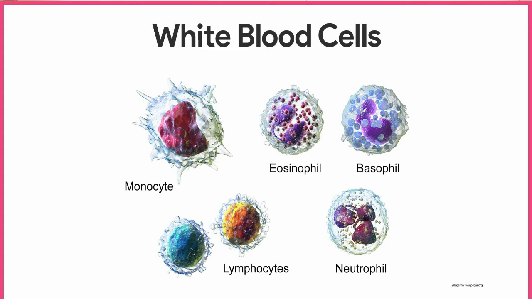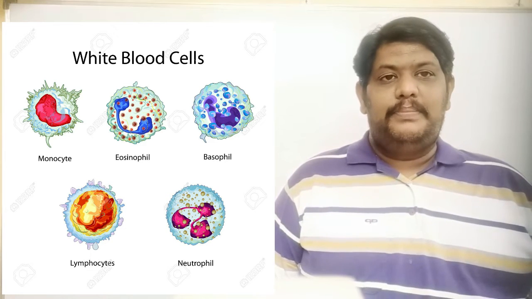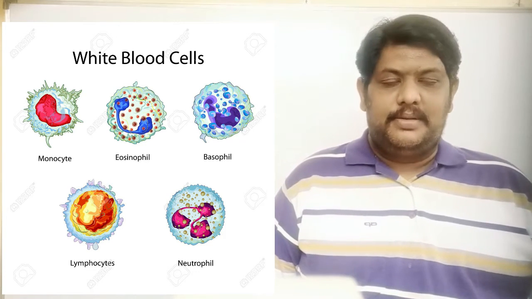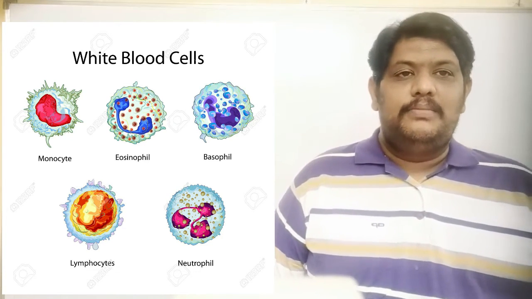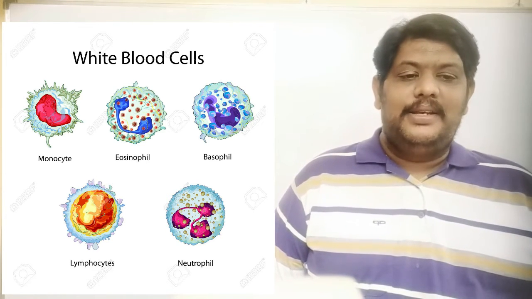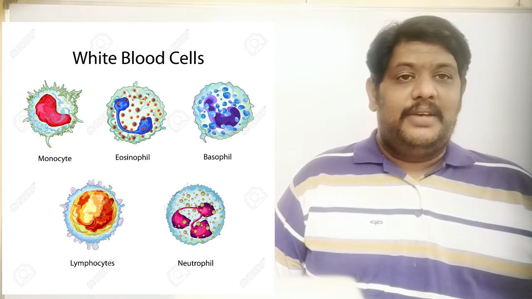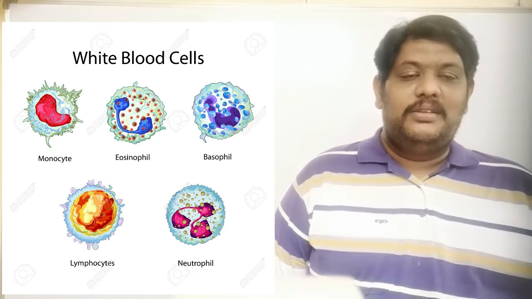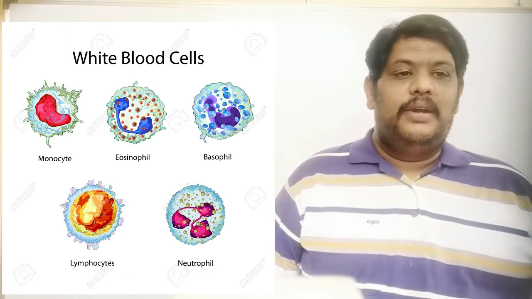These are the 5 different kinds of white blood cells which are present in our body, which help us to improve our immune system. So when a foreign organism goes inside our body, it will be killed because of these white blood cells. So white blood cells are very, very important, and nowadays we are all asked to improve our immune system, to take the food which helps to improve our immune system.